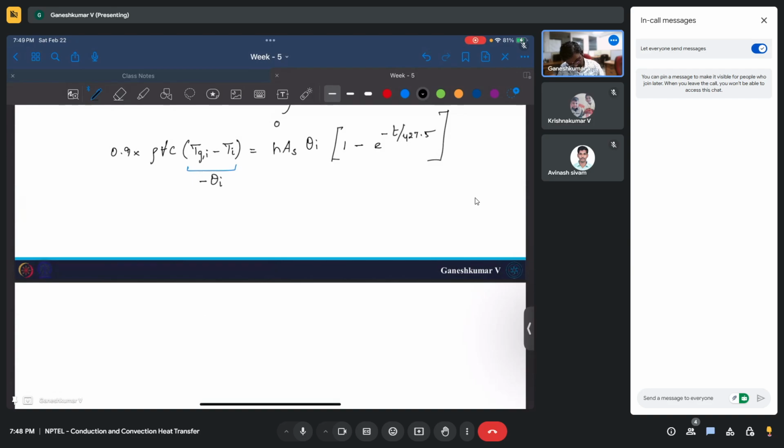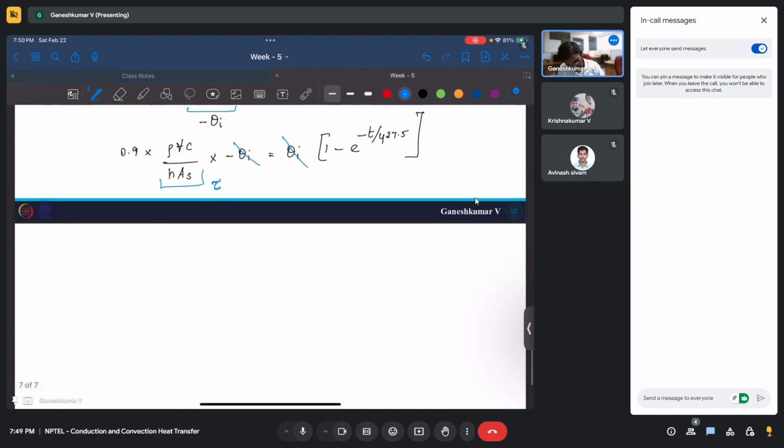This is 0.9 into rho Vc divided by hAs into minus theta i equal to theta i into 1 minus e power minus t by 427.5. Okay, so this part we already know. This part is nothing but tau, and this part is theta i, you can cancel.